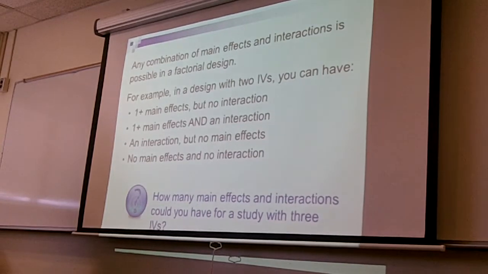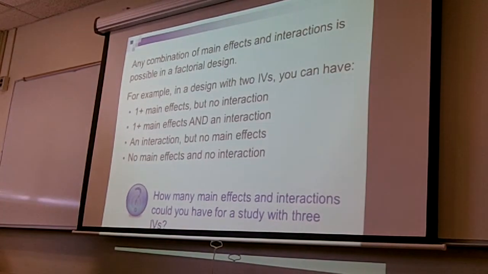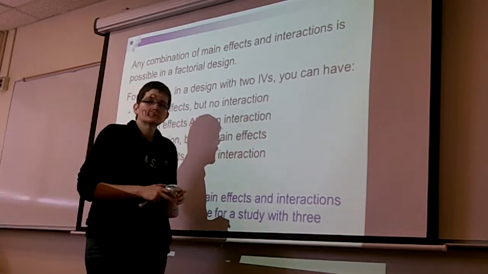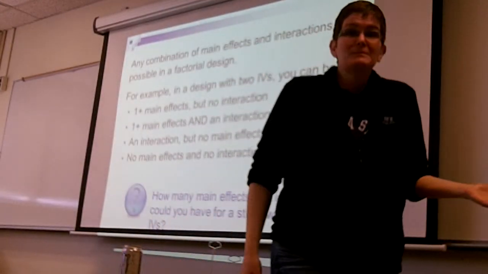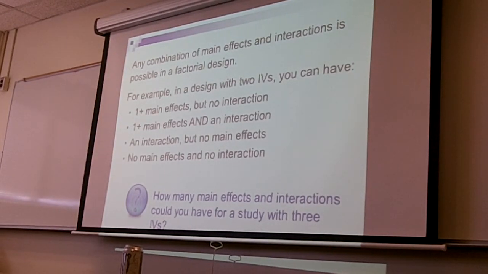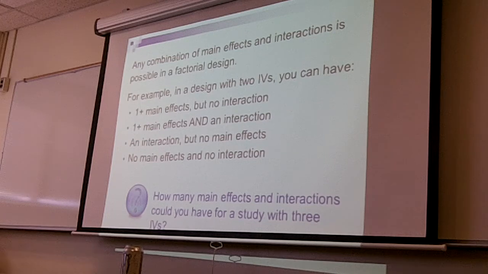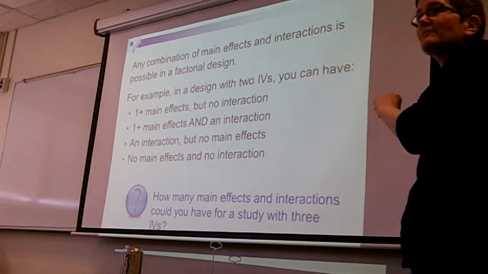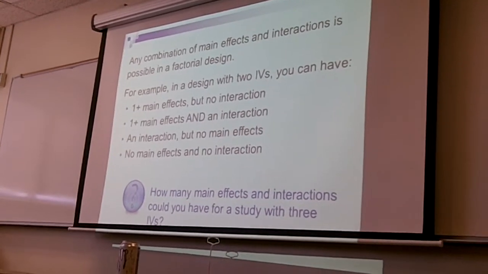How many main effects can you possibly have? 3. Okay, why? Because there's 3 IVs. That's right. So you have the possibility of one main effect. IV1 could affect the DV by itself. IV2 could affect the DV by itself. IV3 could affect the DV by itself. Okay? Exactly right. Now, how many interactions can you have?